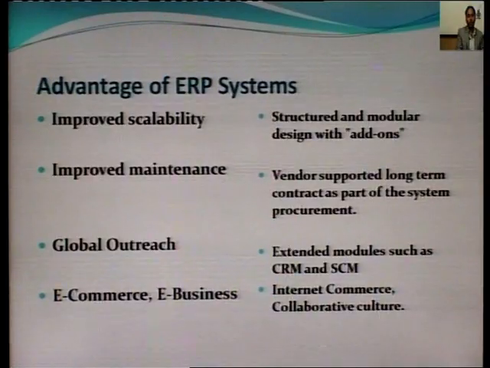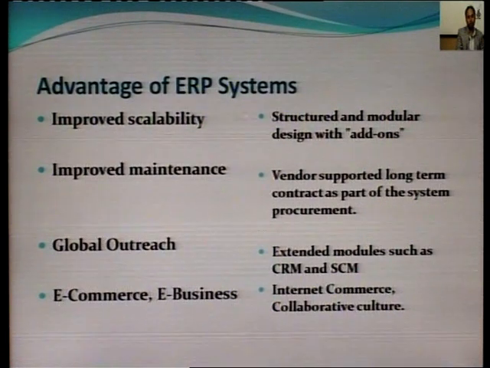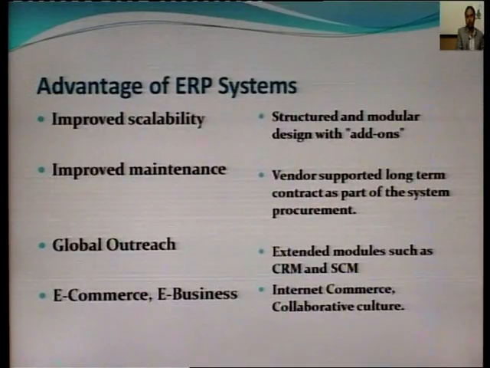Next point is improved scalability. Scalability can be provided by a structured and modular design with add-ons like supply chain management, workflow, and customer relationship management. Improved maintenance. Vendors support long-term contracts as part of the system pre-requirement.